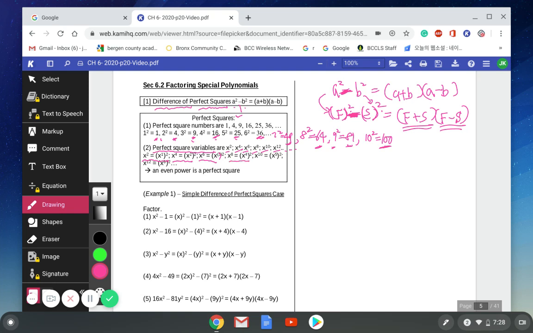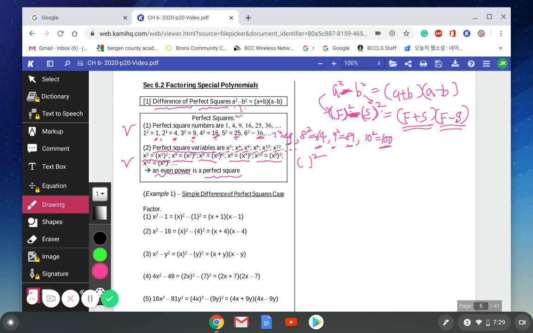X to the 10th power is x to the fifth, squared. So you are making something into square format. In that way, you can apply this special polynomial rule, or the difference of perfect squares rule. So every even power is a perfect square. Knowing these two, let's look at some examples.